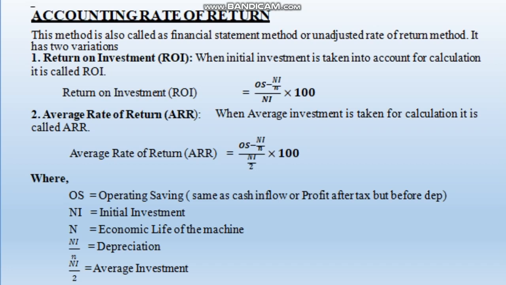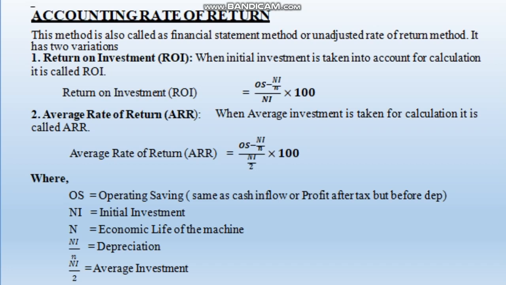In this method, expected earnings from an investment over the whole life of an asset are taken into consideration. This is known as the accounting rate of return method because here the accounting concept of profit, that is profit after depreciation and after tax, rather than cash inflow is taken into account.